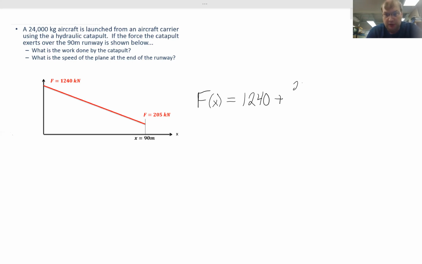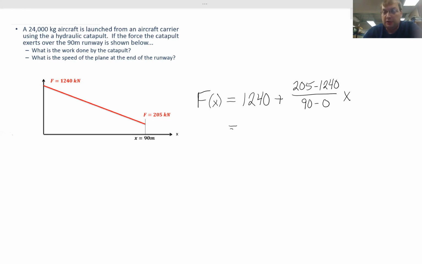and observe that we have 205 minus the 1240, over our final position minus our initial position, so 90 minus 0. This provides us with the slope for the decreasing amount of force, over the x distance that we have.